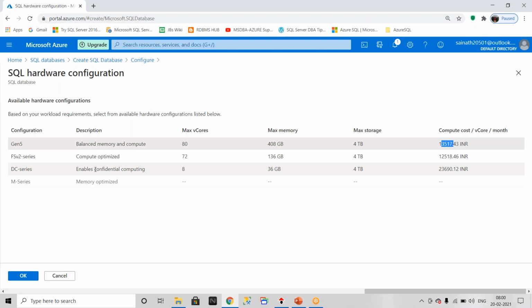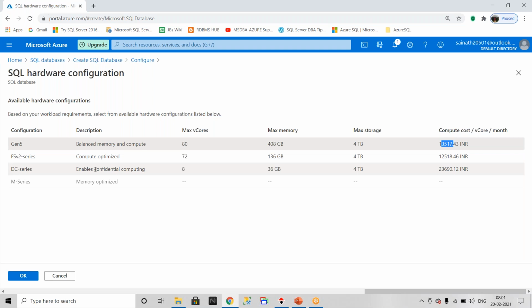But M series is only available in business critical, I believe. I will show you when we discuss Azure managed instance. It is not in general purpose. So mostly we'll go for Gen 5, sir, where you will get balanced resources.